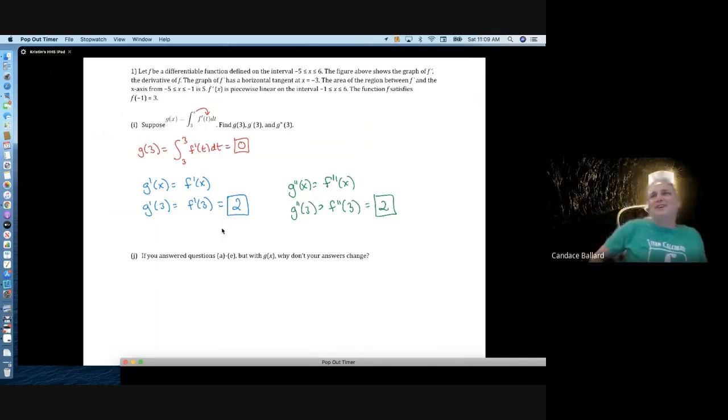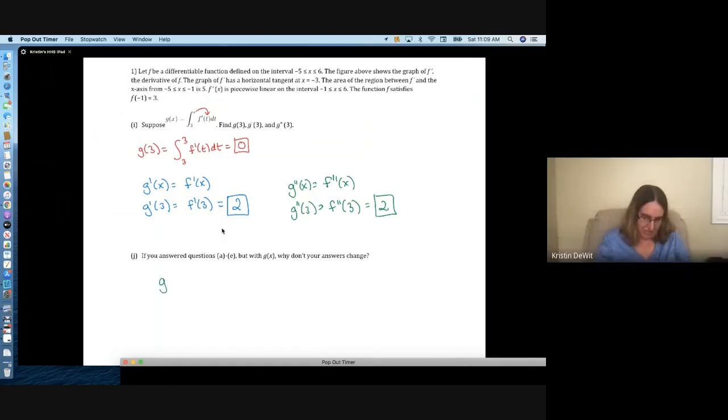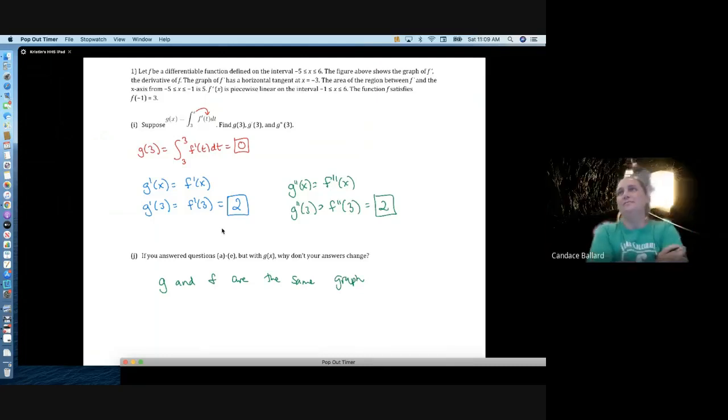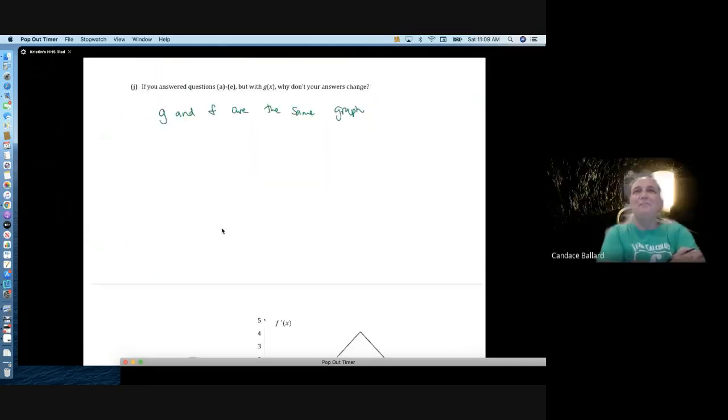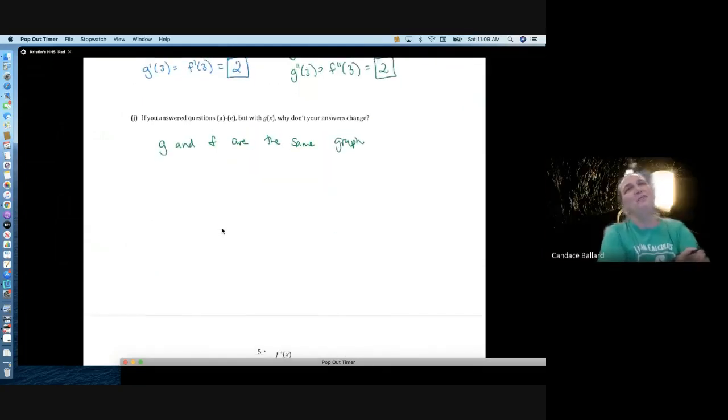So I'm just going to say g and f are the same graph. Yeah, they would probably not ask us that part. No, I've never seen that on any. But it was a good point. It made us think for a minute.